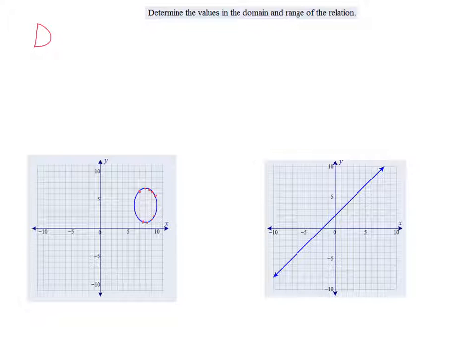So when I do my domain, I'm not going to list out numbers. My domain is my possible x values. I'm actually going to write it as a range of values instead of listing out specific numbers. For my x's, I'm going to first write whatever the lowest x value is, comma, and then I'll put whatever the highest x value is.